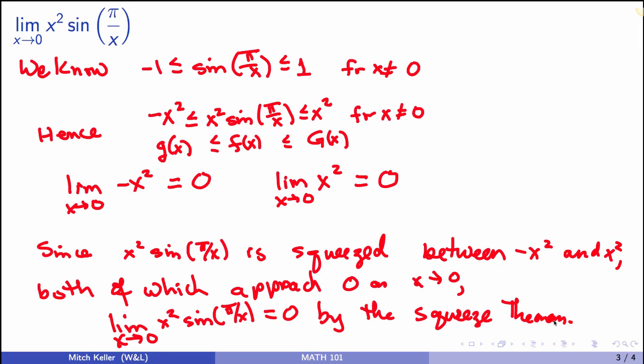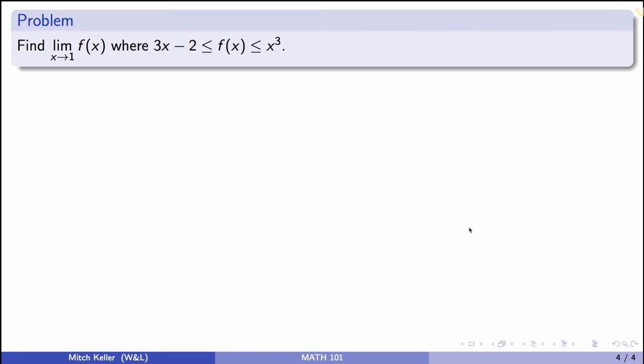Okay? So if we can find two functions, one smaller than or equal to and one bigger than or equal to, and they have the same limit, then we can say that that squeezed function, that in-between function, has the same limit as well. Let's take a quick look at something like this. Suppose that we had some function f of x, and we knew that these inequalities were true. Well, the squeeze theorem says, let's take a look at this limit. Again, polynomial, continuous function, so we can just evaluate that.